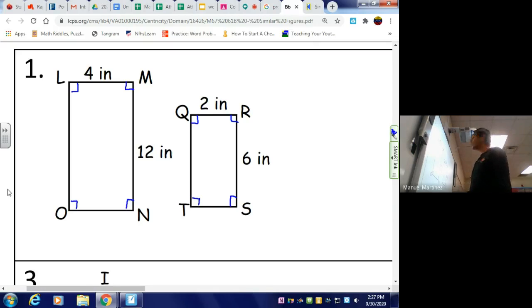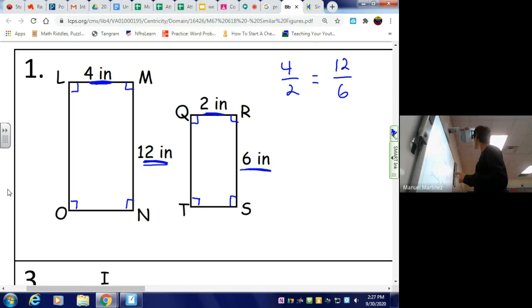Angles are congruent. Now let's check the second condition, the proportionality. We're gonna compare corresponding sides. We have this top side and this top side. We're gonna compare those two first: 4 to 2 has to be equal to, we're going to compare the right side, 12 to 6.